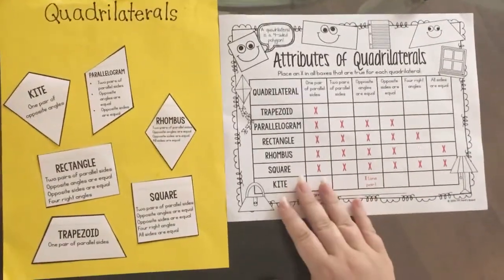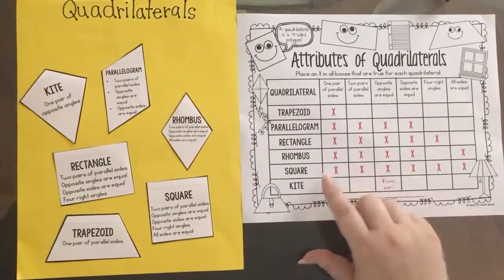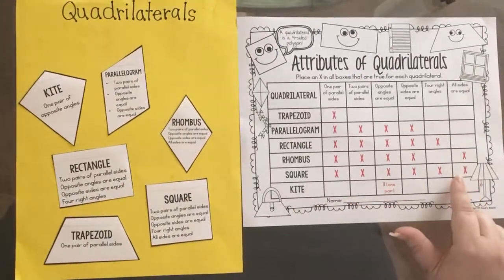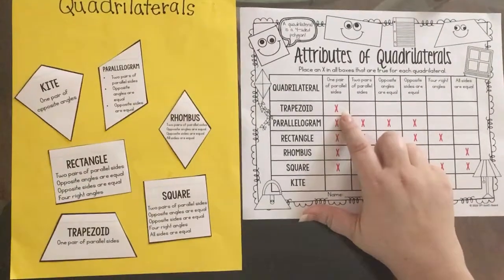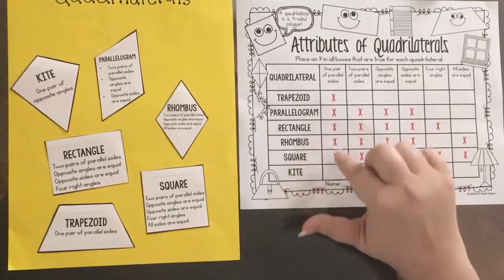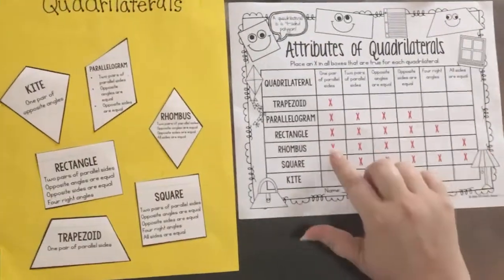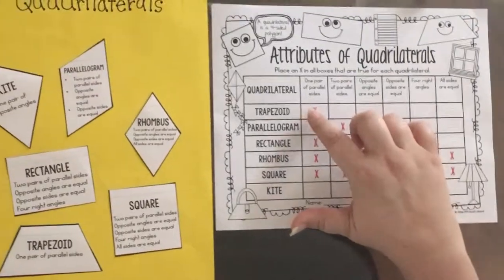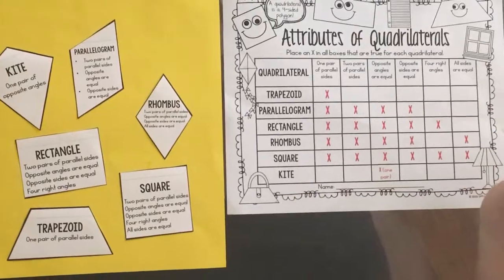When I look at my attributes chart of quadrilaterals here, I'm seeing that a trapezoid only has one attribute that is shared with the other quadrilaterals, and therefore cannot really be classified under any of these quadrilaterals.